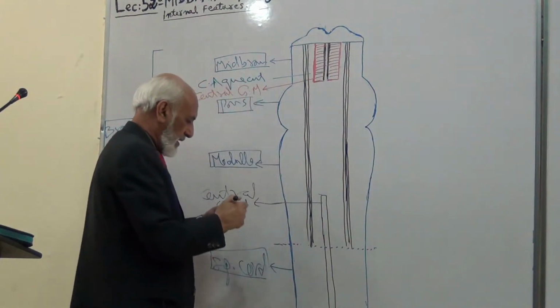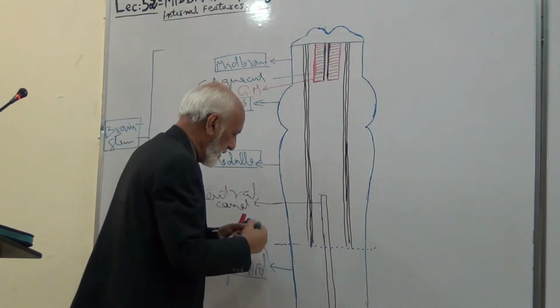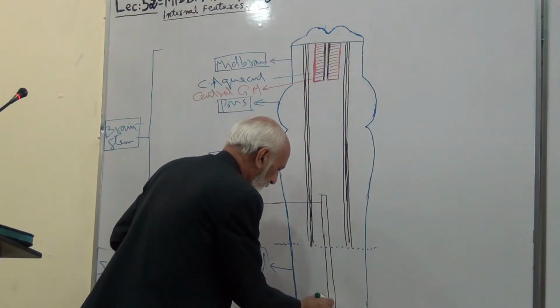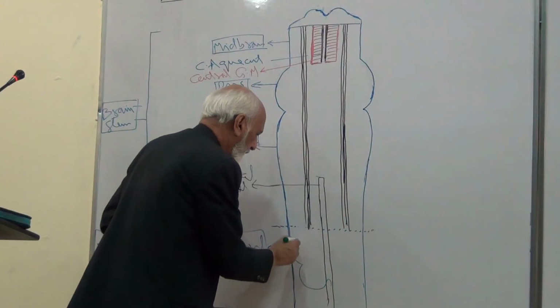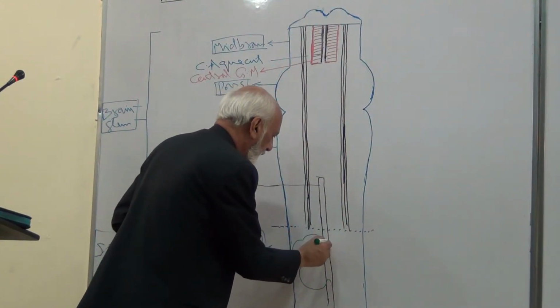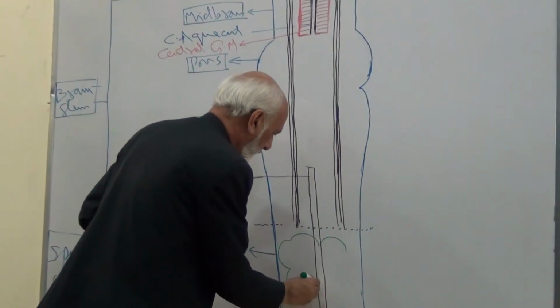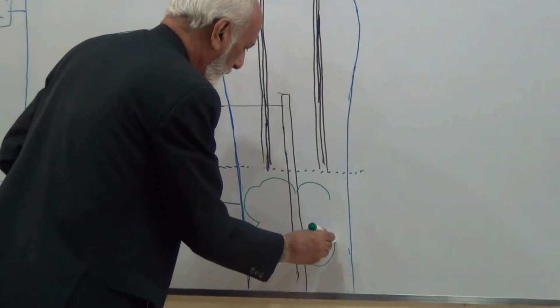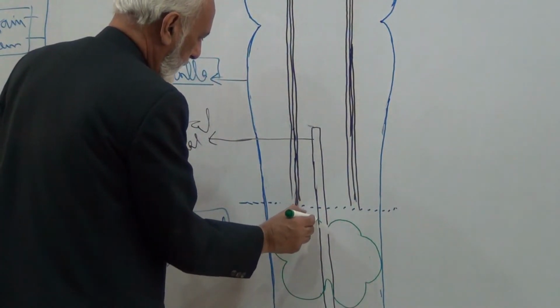Now this is spinal cord, and I will cut a section of spinal cord in this region. Section through spinal cord.